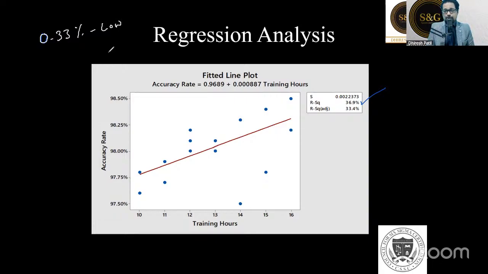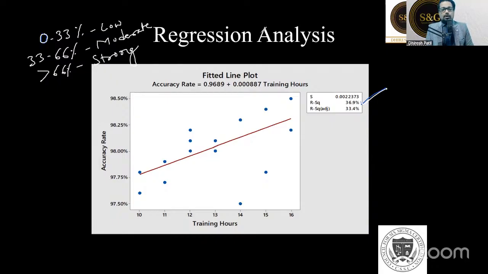The strength of the relationship of X and Y is very low. If it is around 33 to 66%, then it is called moderate. In this case, it comes into the moderate relationship category because it is almost 37%. And above 66%, it is a very strong correlation. All right.